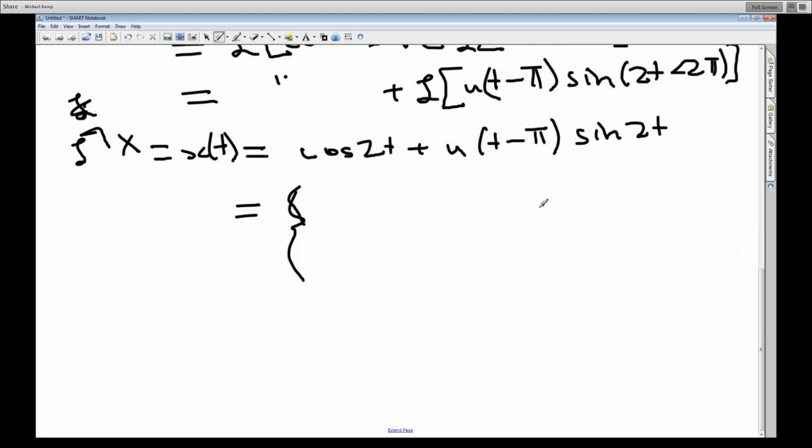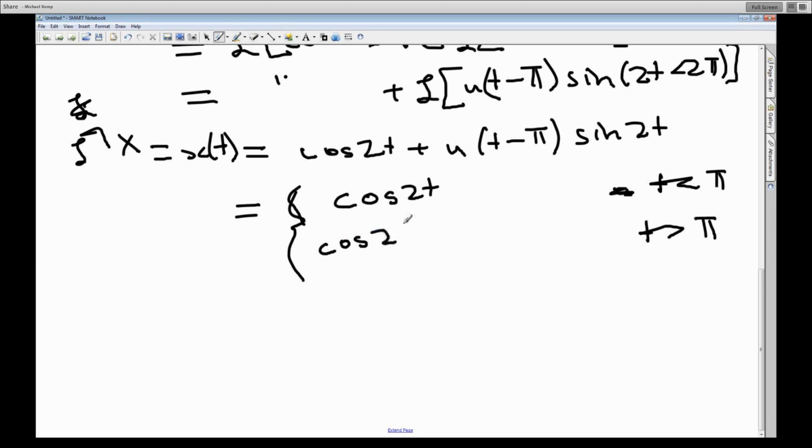So let's just see what's happening. When t is less than pi, this step function here is just 0, so you just get cos 2t. When t is greater than pi, so at t equals pi, it gets bumped all of a sudden, then the underlying dynamics stays the same, but you're just adding to it.